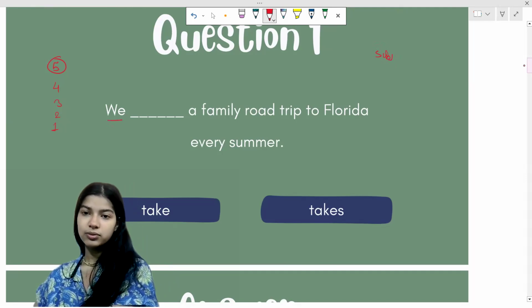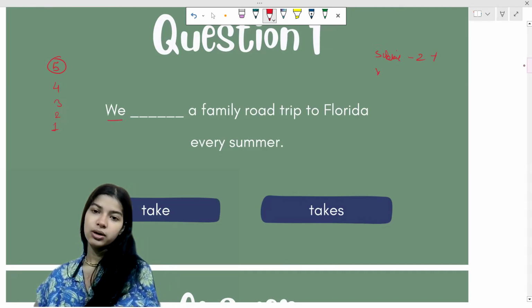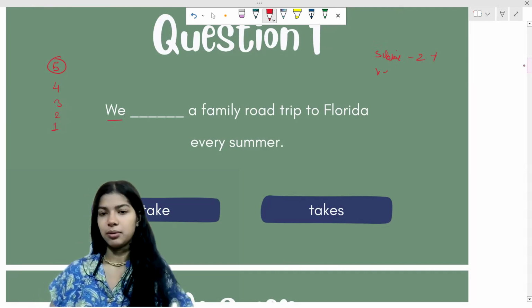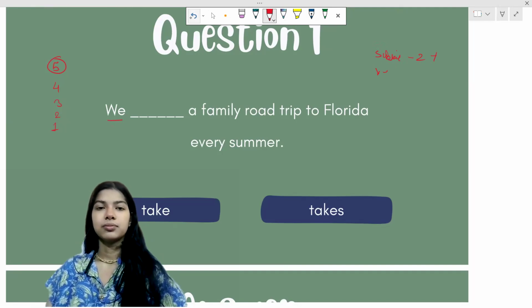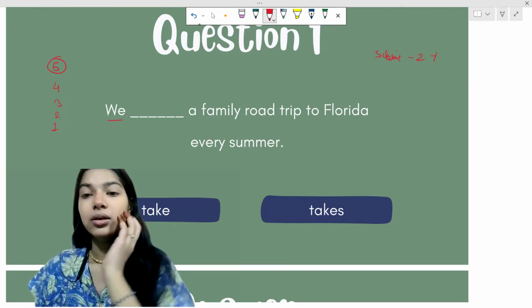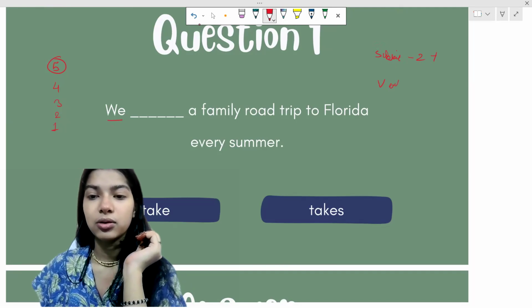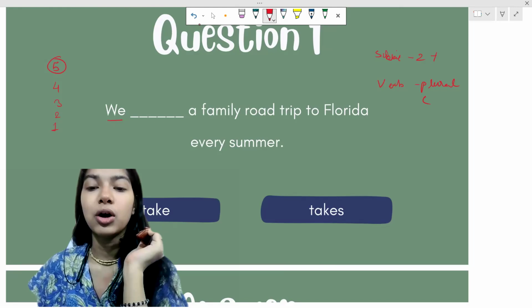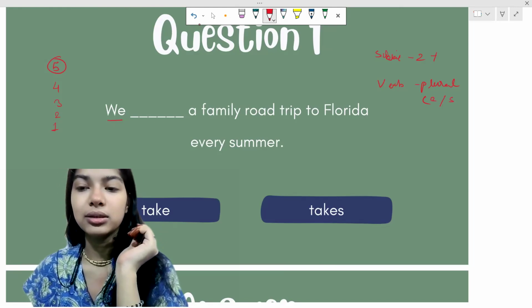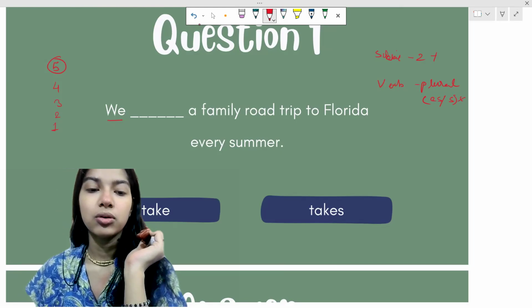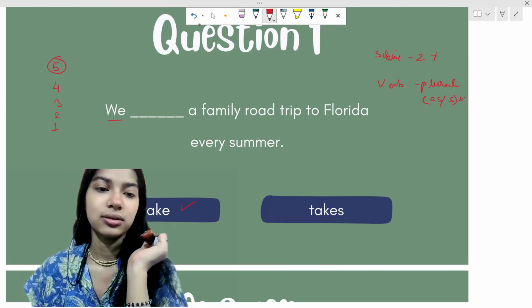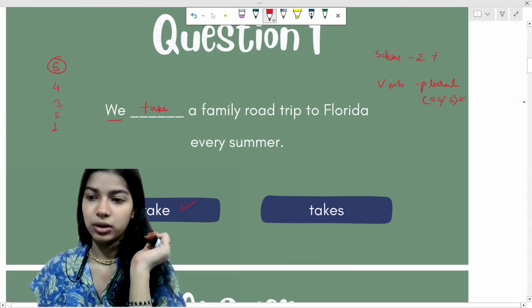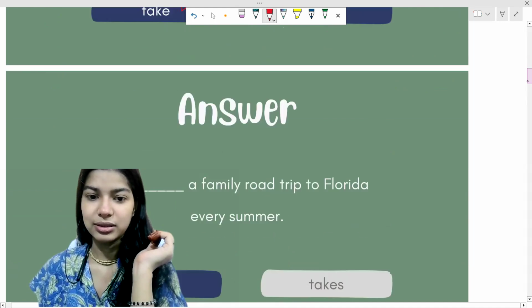When the subject is more than one, the verb is also plural, and plural does not contain s or es. So we take a family trip to Florida. Now let's reveal the answer.